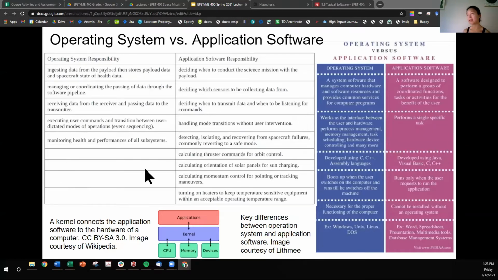Typically, the operating system is a little bit more defined beforehand, and the application software is more mission specific and a bit more human readable when you're developing the software.